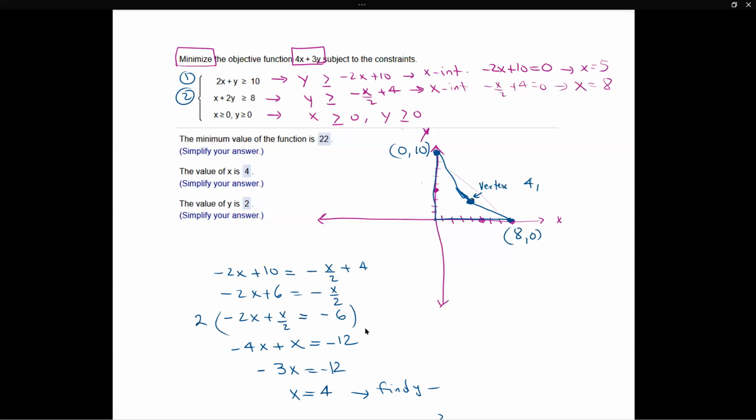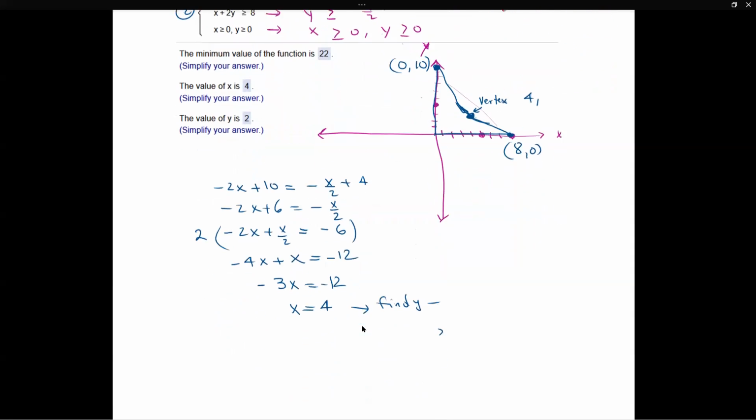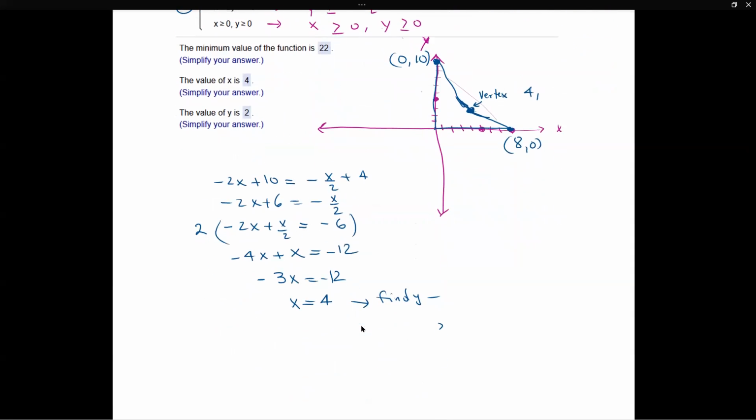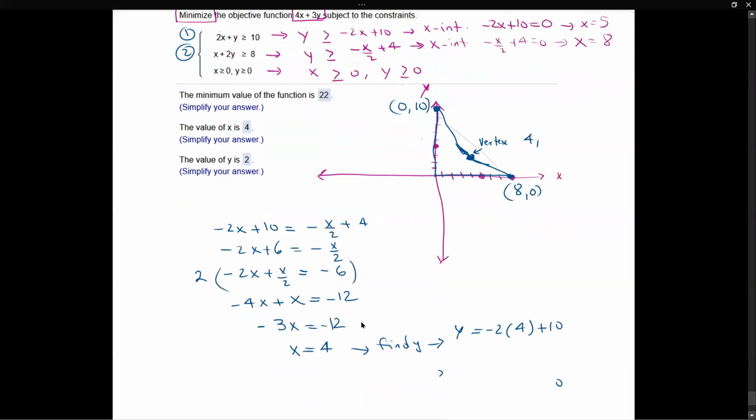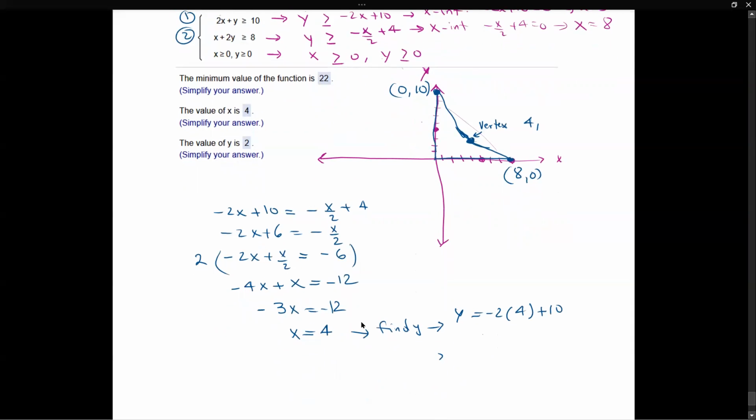We're talking about this vertex, so it has to do with constraints 1 and 2. So let's say we go to 1. It's y equal negative 2 times 4, and negative 8 plus 10 equal 2.